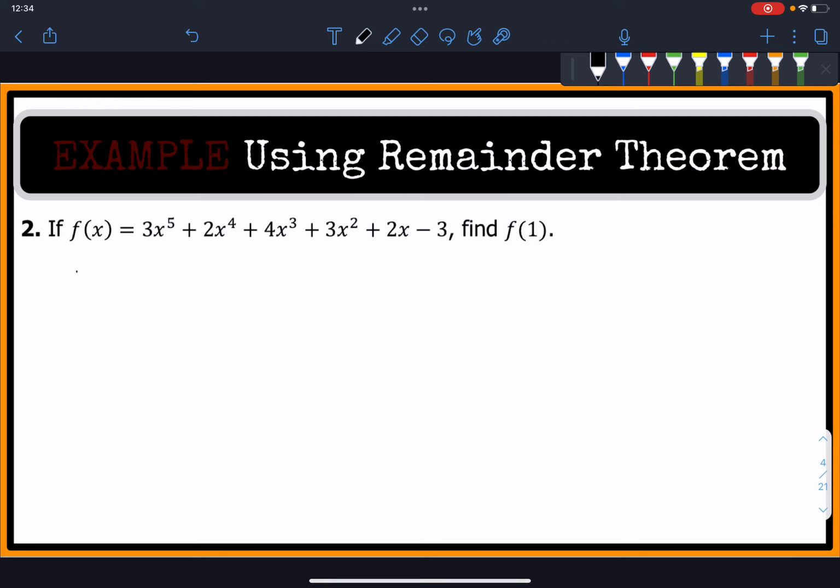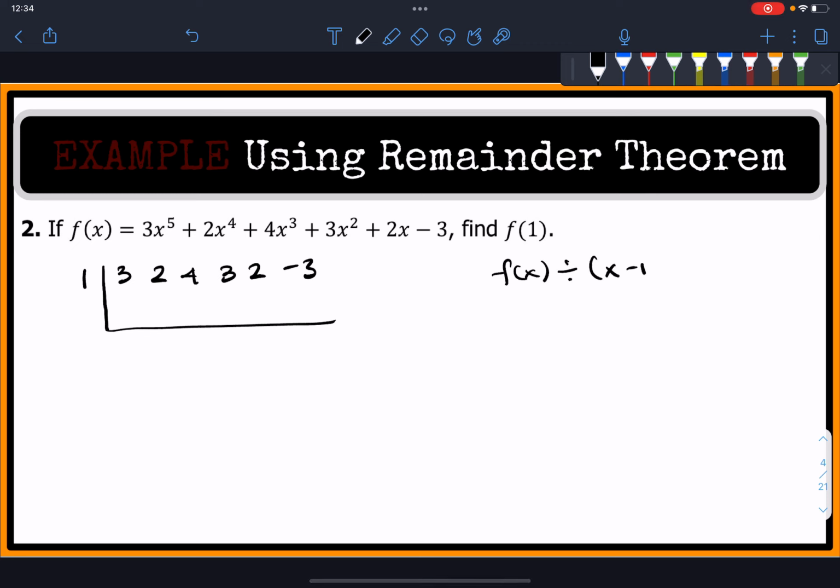To evaluate f of 1 using the remainder theorem, the synthetic substitution, I simply put a 1 on the outside, so what I'm essentially doing is taking this function f of x and dividing it by x minus 1.